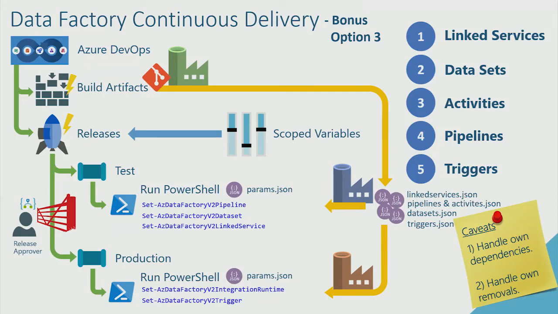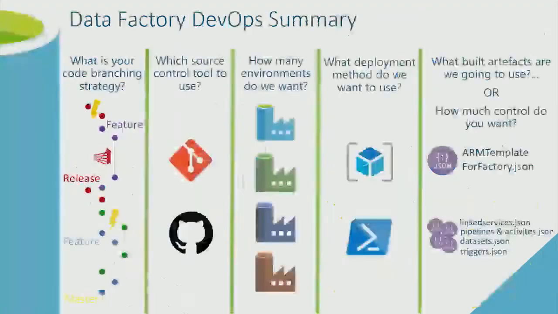It understands that the linked service has to be deployed before the data set. If we're doing it with PowerShell in bonus option 3, we just need to deal with that ourselves. It won't also deal with removals. If we rename a data factory pipeline, it's just going to go and add the newly named thing. It's not going to take away the one that's there. So we will have to handle that as well. OK? That is bonus option 3.